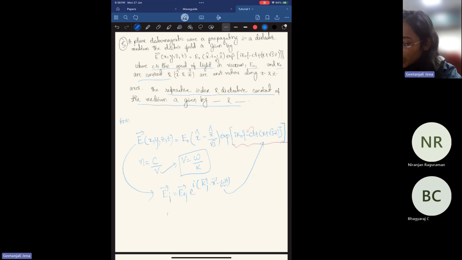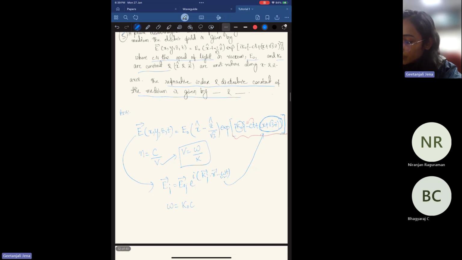So omega here is nothing but k0 c, right? And for the k term, you have to look at the coefficient of the coordinates. There is a k0 here. So that means kx will be k0 and kz is root 3 k0.